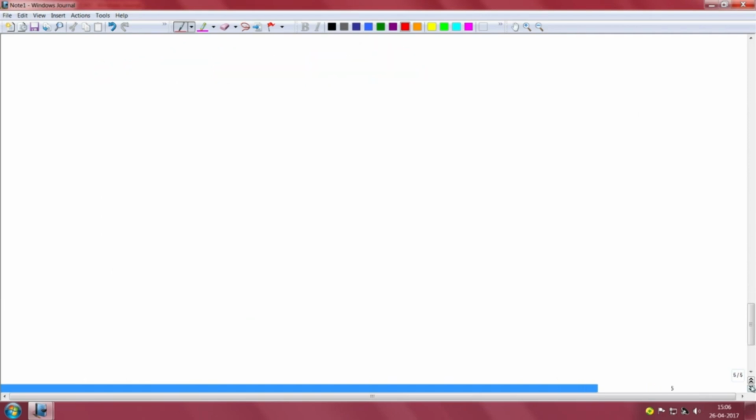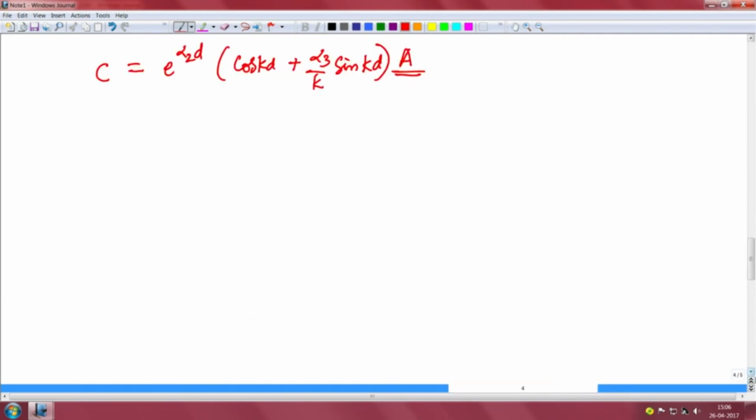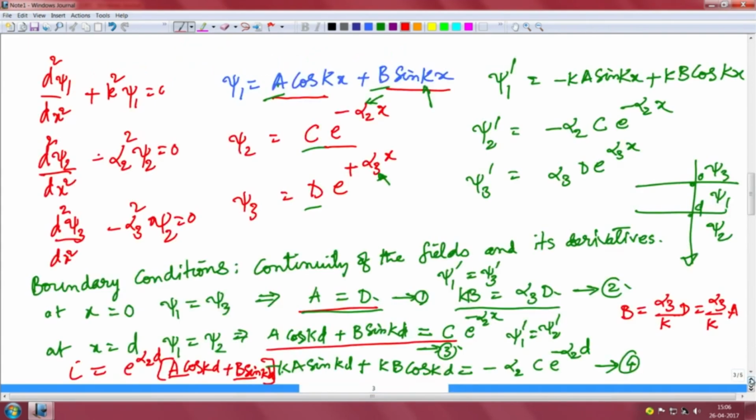So, by looking at these equations, like what we did for the symmetric slab waveguide, we note that between these two equations we can eliminate these exponential terms by dividing one over the other. So, I will divide equation 4 by equation 3.